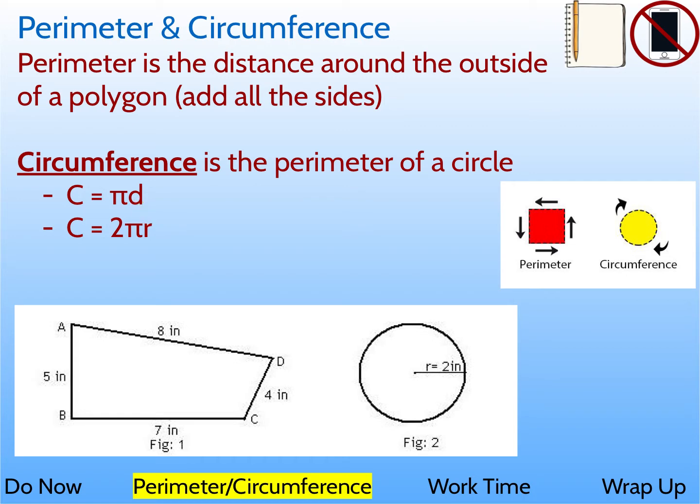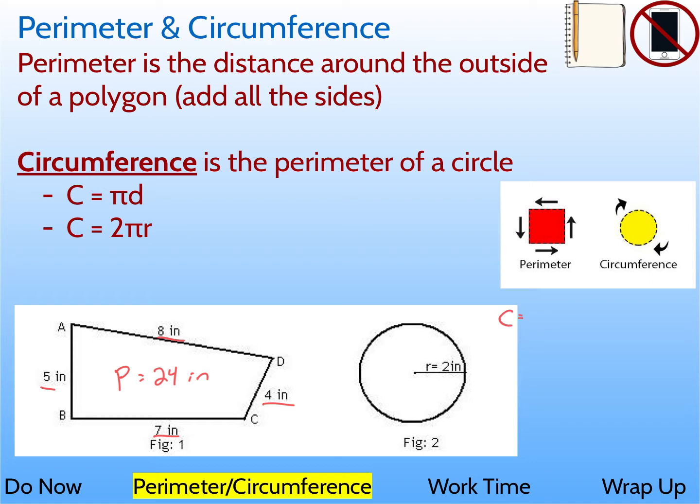So, if we look at our examples down here, we look at this figure here, this quadrilateral. All you have to do is add up the 4 sides. So if you add all 4 of these sides, we'll get 24 inches. Now, for the figure over here, the circle, figure 2, we need to use the circumference formula.